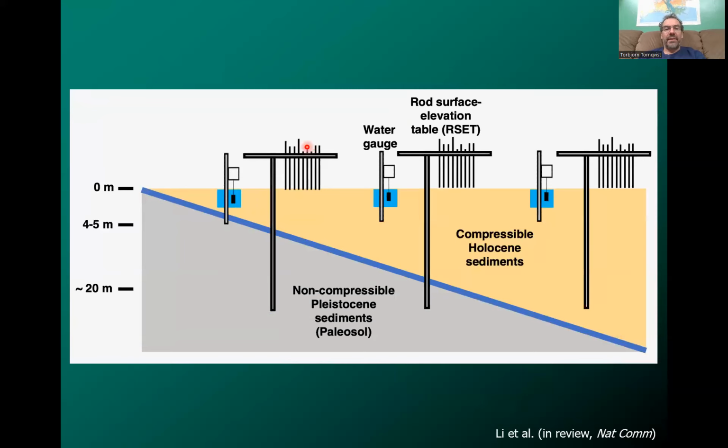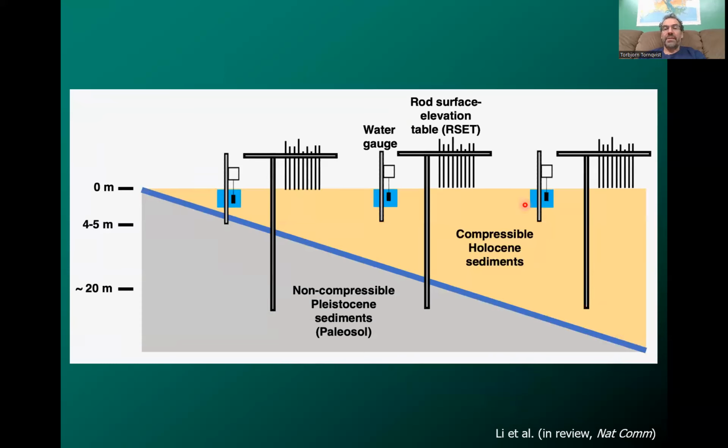The implications of that are quite important, and I won't have time to go into all the details here, but the SETs are in many cases anchored in the Pleistocene, but not always, as you see here. The water level gauges are sitting on poles that are much shallower, usually something like 3-4 meters deep.